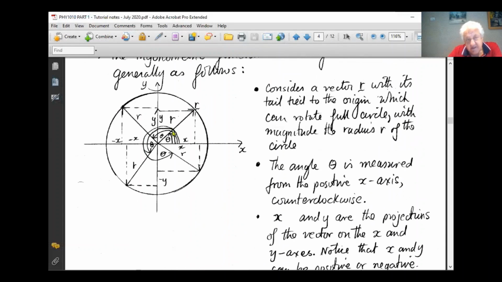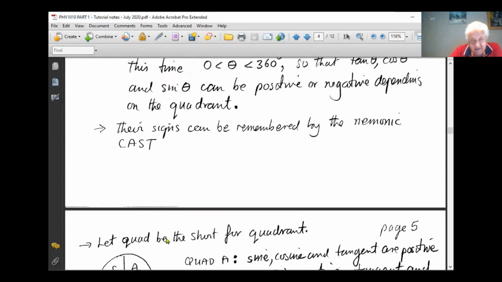So if the angle lies in this quadrant between 0 and 90 degrees, all of them are positive. And then for the other quadrants, we remember it by CAST.